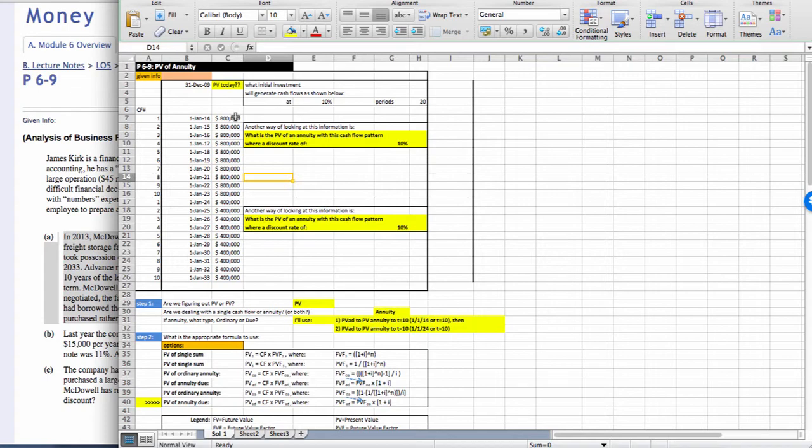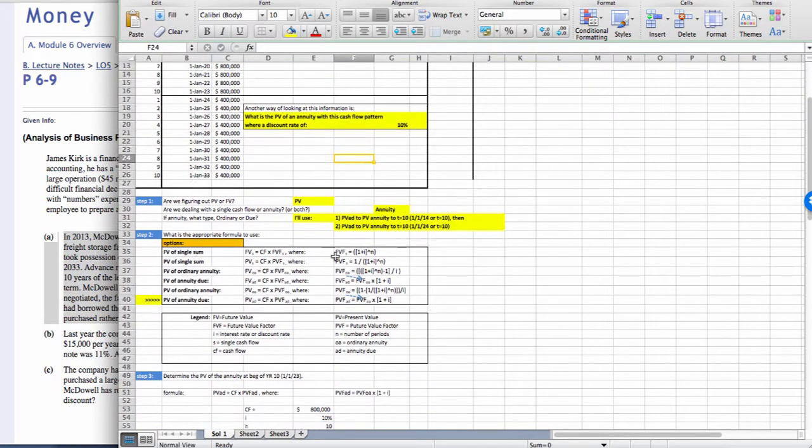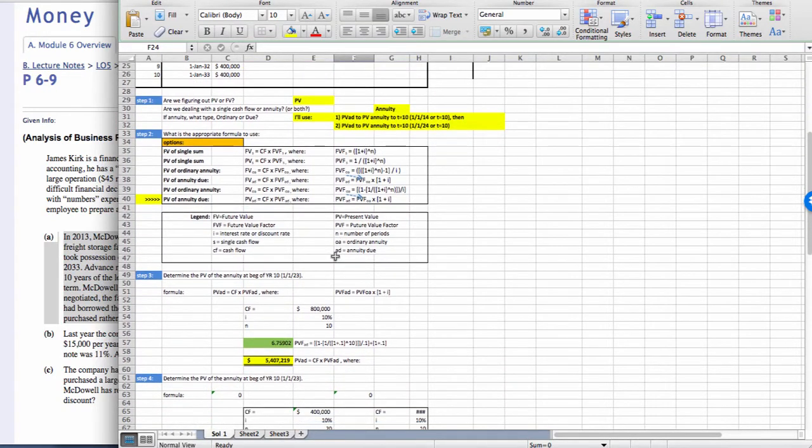The cash flow for that is $800,000. The second one, starting on the 1st of January of 24, for $400,000. So again, you can see it here. That will be the second annuity. They're both at 10%.